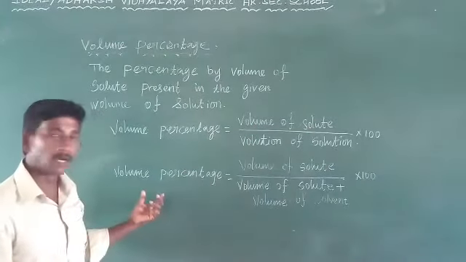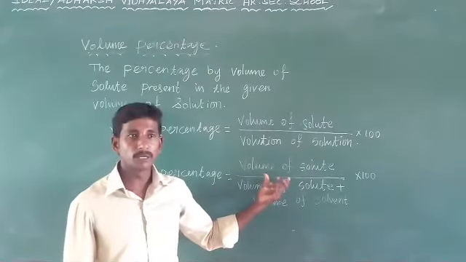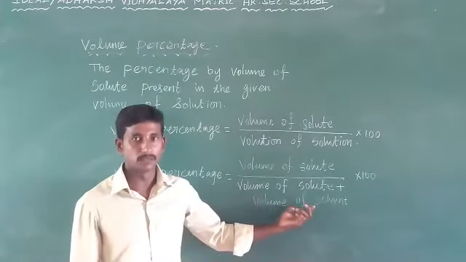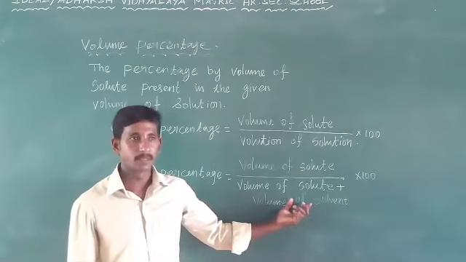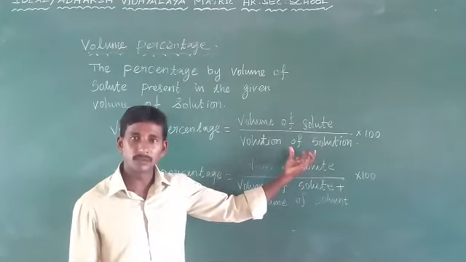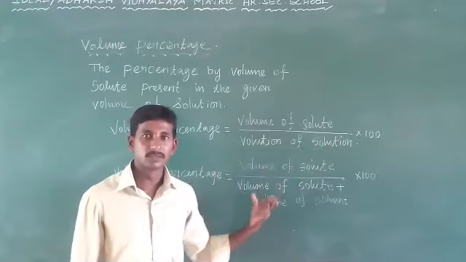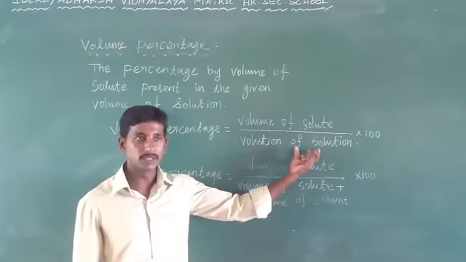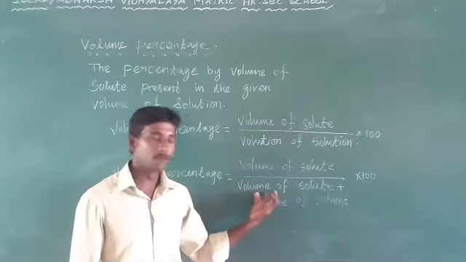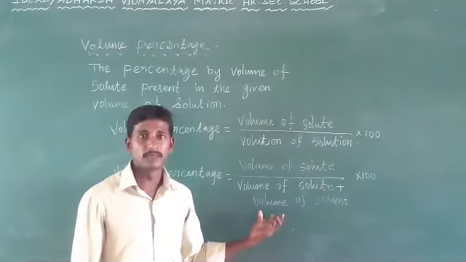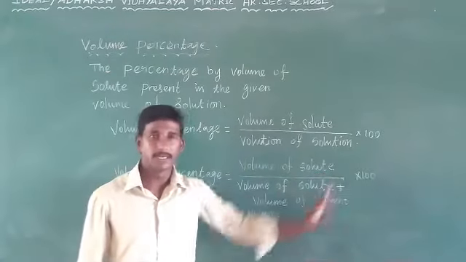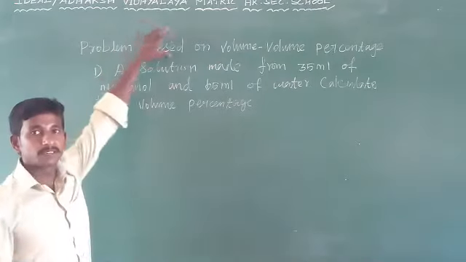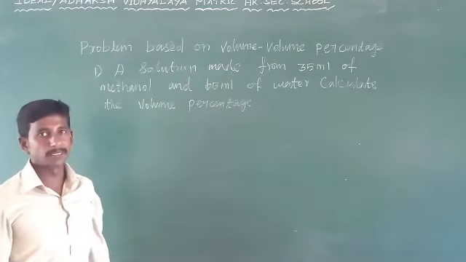Or, volume percentage equals volume of solute divided by volume of solute plus volume of solvent, into 100. Because the solution contains solute and solvent, instead of volume of solution we can write volume of solute plus volume of solvent. Next, we are going to discuss problems based on volume percentage.